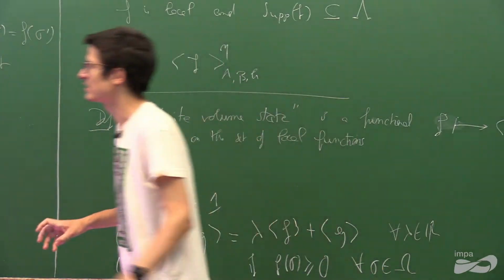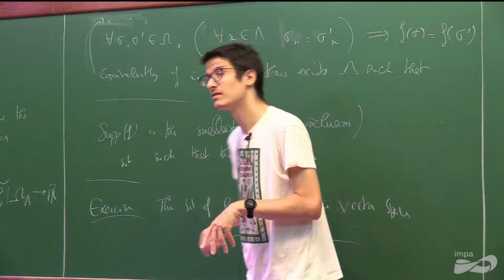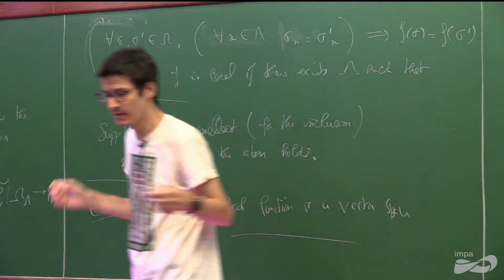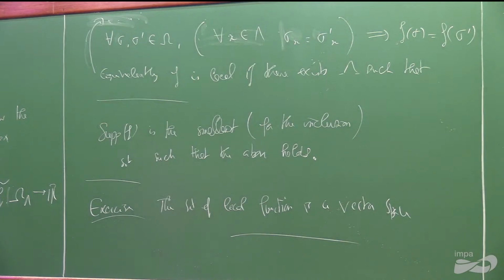For multiplication by a scalar, this is quite obvious. For addition, this is still easy. So it's a vector space, and the two families of local functions that I'm going to introduce now are bases of this vector space.